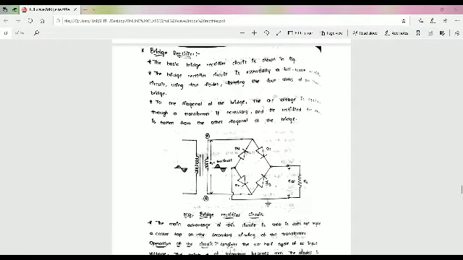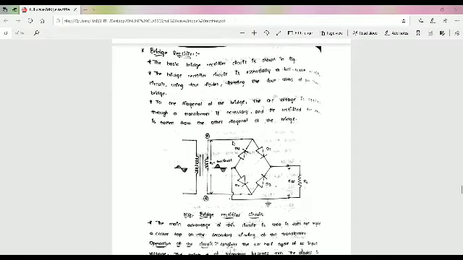Operation of the circuit. Consider the positive half of the AC input voltage, where point A of the secondary becomes positive. First of all, we are taking the positive half cycle. Terminal A is positive with respect to terminal B, so terminal A is positive and terminal B is negative.